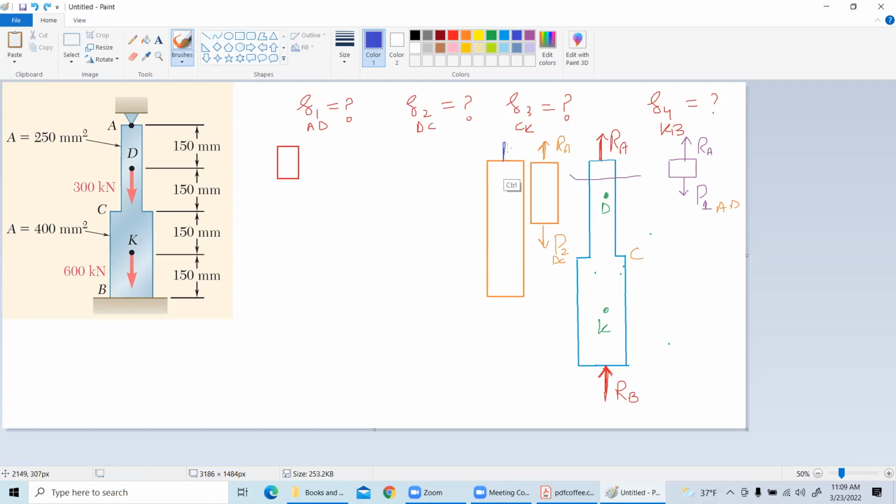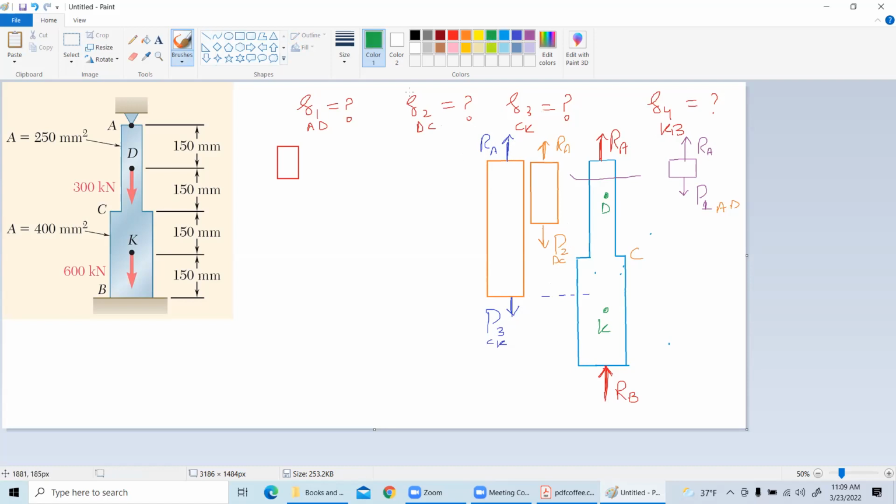Last part of the problem, definitely you are doing it. RA. And this is my, no, this is still here, right? So this portion is my, yes. So I will write it as my PCK, or I think I was naming it as 3. P3 or PCK, whatever you are comfortable.